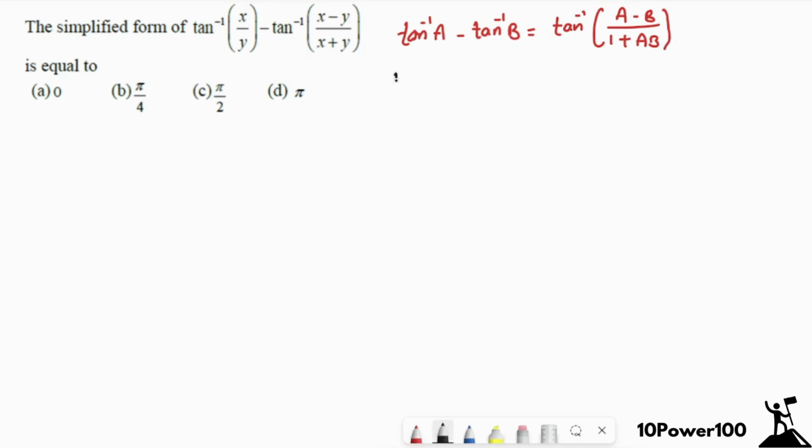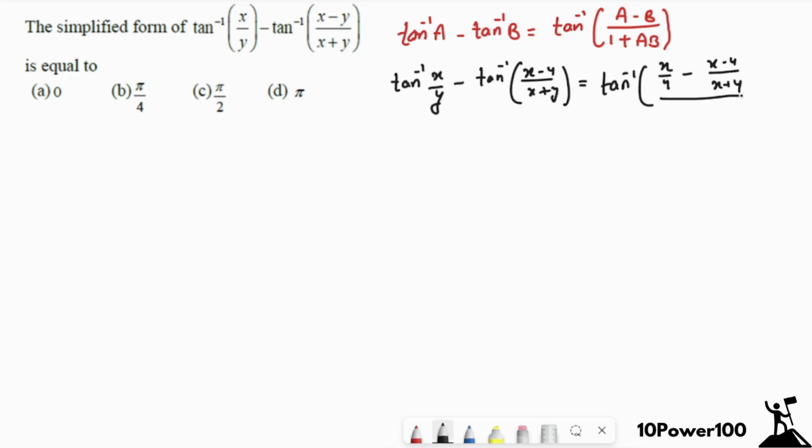Now, if you substitute this in the question, tan inverse x by y minus tan inverse x minus y by x plus y, we get tan inverse of A is x by y minus B is x minus y by x plus y whole divided by 1 plus AB. 1 plus A is x by y into B is x minus y by x plus y.